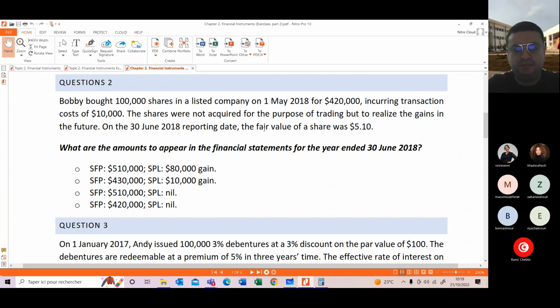Based on what you have, to realize gains in the future, it is fair value through other comprehensive income. And of course, we 100% eliminate fair value through profit or loss because it was not acquired for the purpose of trading. So when you see statement of profit and loss nil, of course, it's not going to be correct.